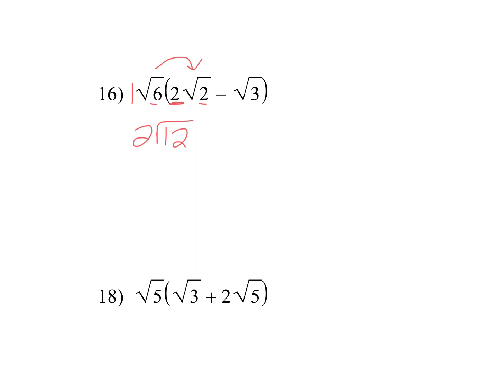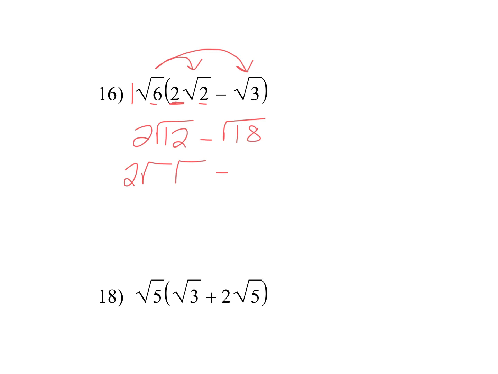Then the next one, square root of 6 times negative square root of 3. 18. Negative square root of 18. Good. Am I done? No. Simplify. Can I simplify the square root of 12? Yes, we've done that one multiple times.